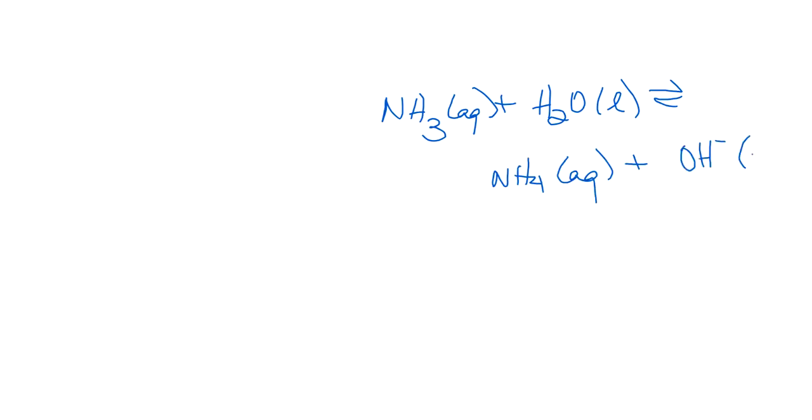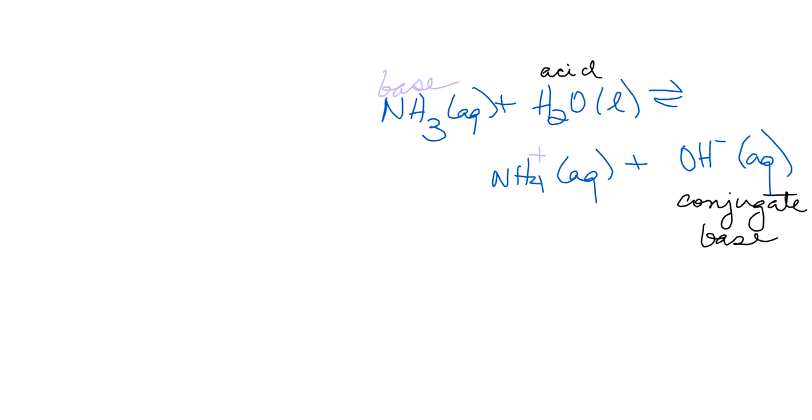So what this means is that since my water lost an H plus to form hydroxide, this is my acid and this is the conjugate base. If we look at ammonia itself, it accepted this H plus, so this is my base, and therefore the ammonium ion is the conjugate acid.